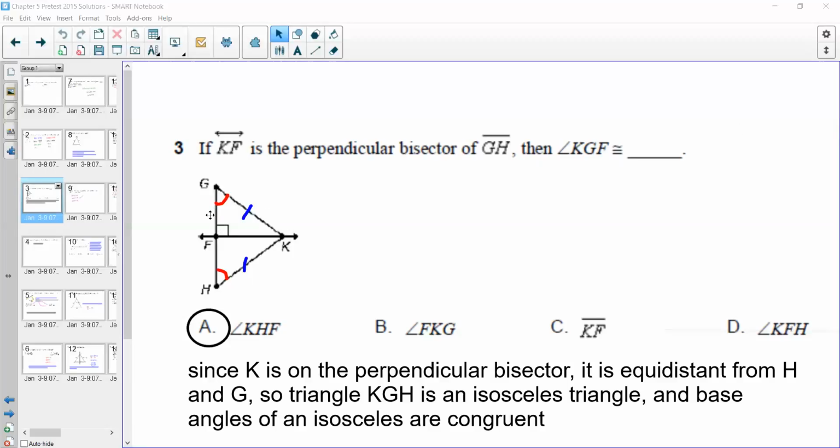If it's a perpendicular bisector, we know by side angle side that the triangles are congruent. Okay, if F's a midpoint, then HF is congruent to GF, and actually side, side, side says that all the sides are congruent, or the triangles are congruent, therefore these corresponding angles are congruent.